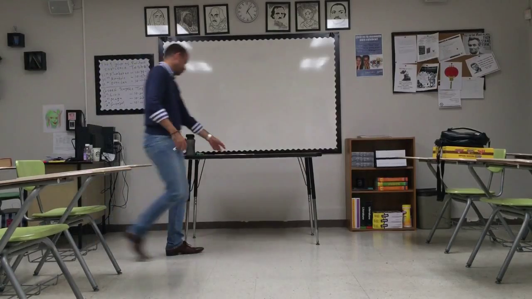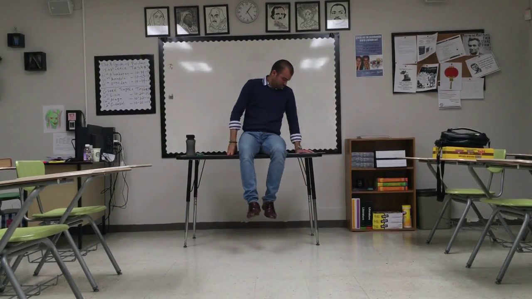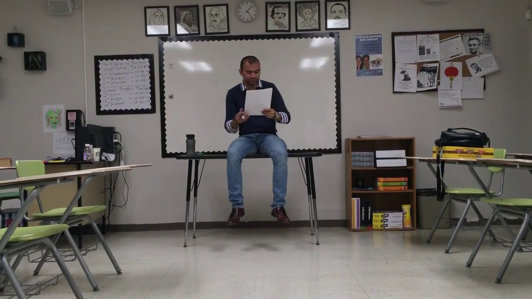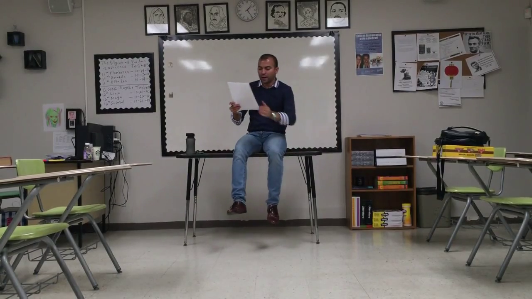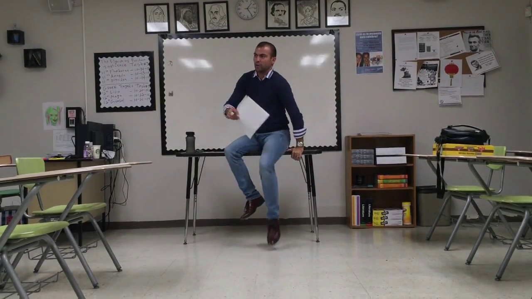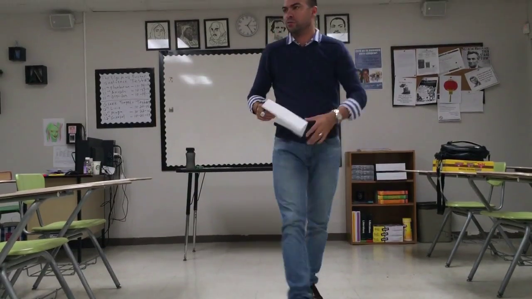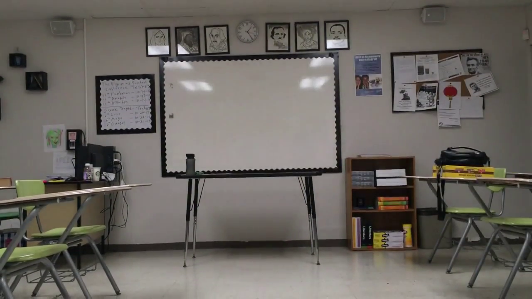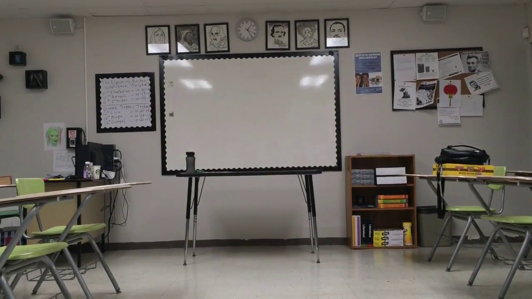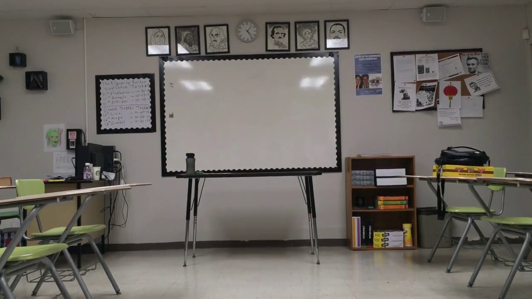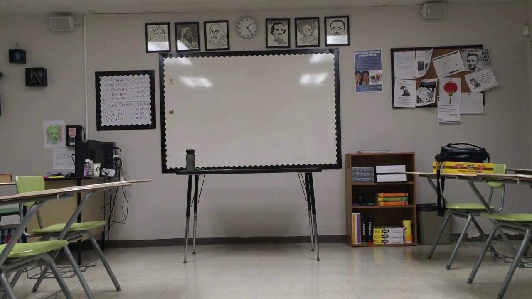Now that we have that covered, the title of the mind map can be read from the back seat of the classroom. So for example, if I close the door and someone opens the door, that person can be able to see that title from this side of the classroom also.